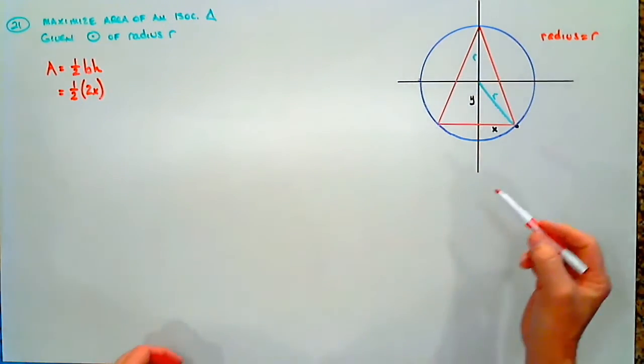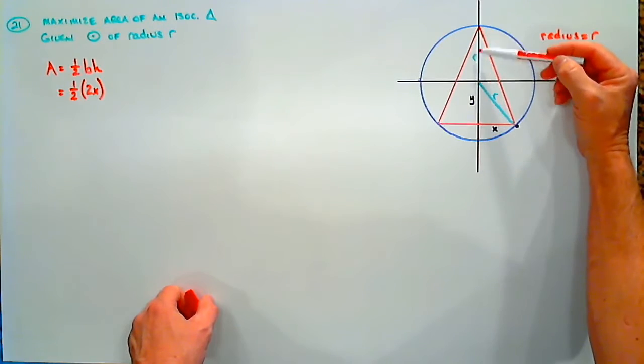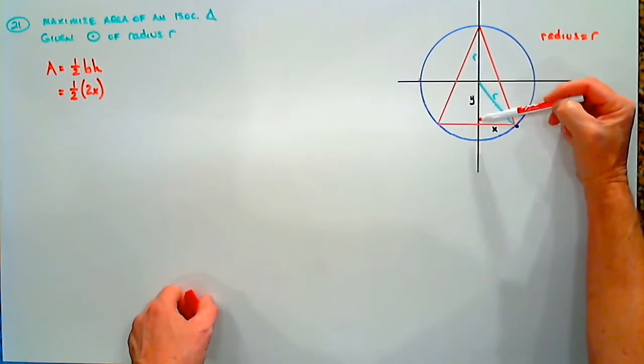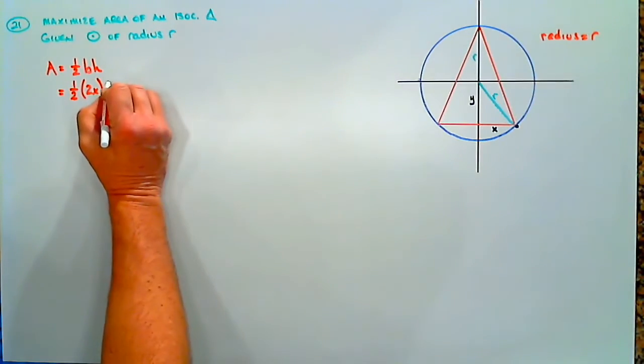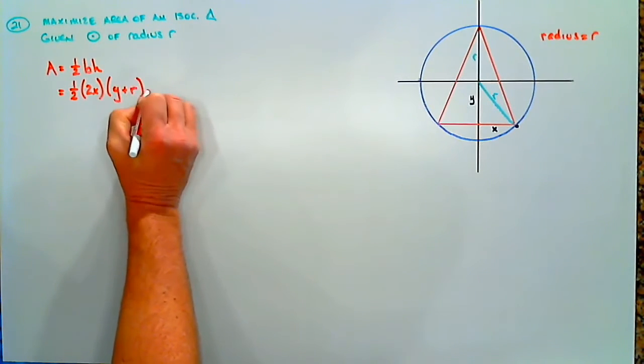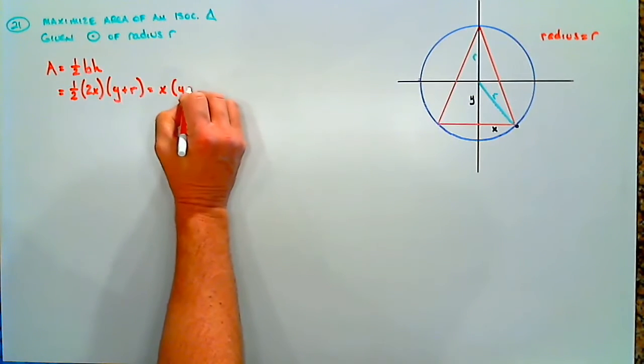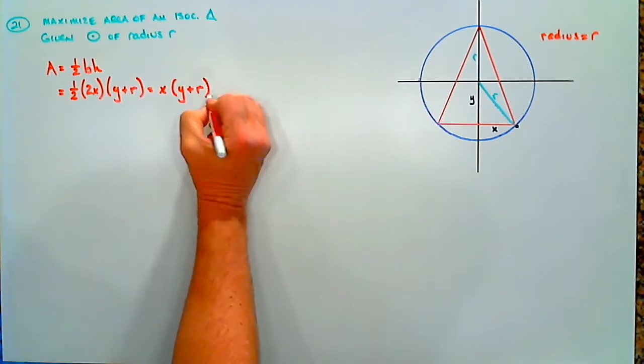And now, what's the height of our triangle? Well, the height goes from here to here. This piece is r, this piece is y, so the height is y plus r. Now, if we simplify that, that's x times (y plus r).